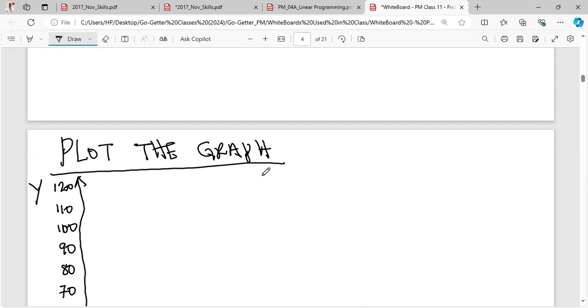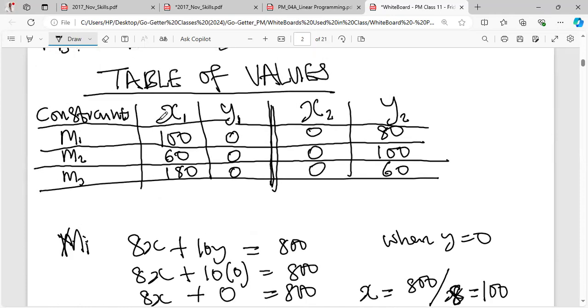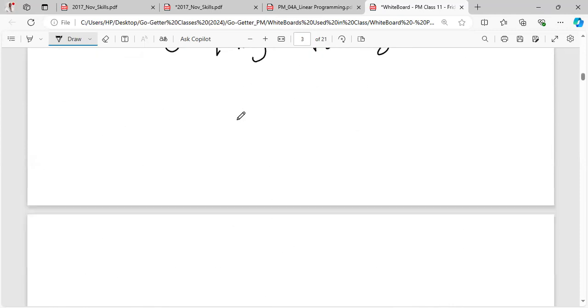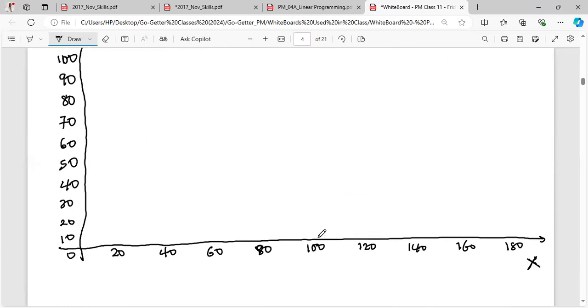So you start plotting. M1: when x is 100, y is 0. So go and locate where x is 100. This is the x-axis. X here is 100, and of course, y is 0 here. So you mark this.